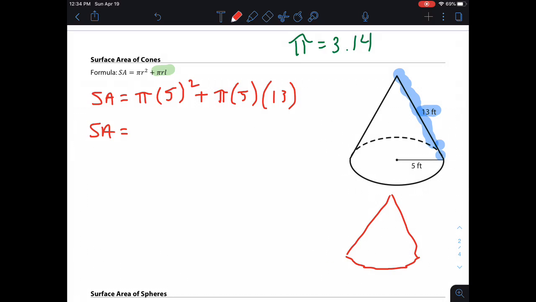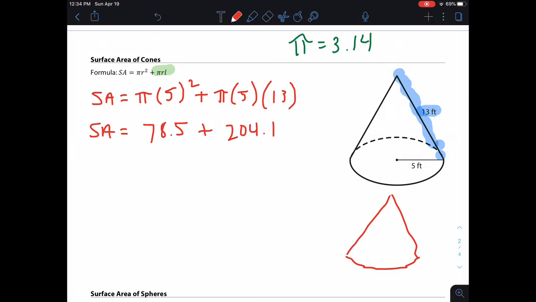Well, 5 squared is 25. 3.14 times 25 is 78.5. Okay, and then pi times 5 times 13, or 3.14 times 5 times 13, is 204.1.